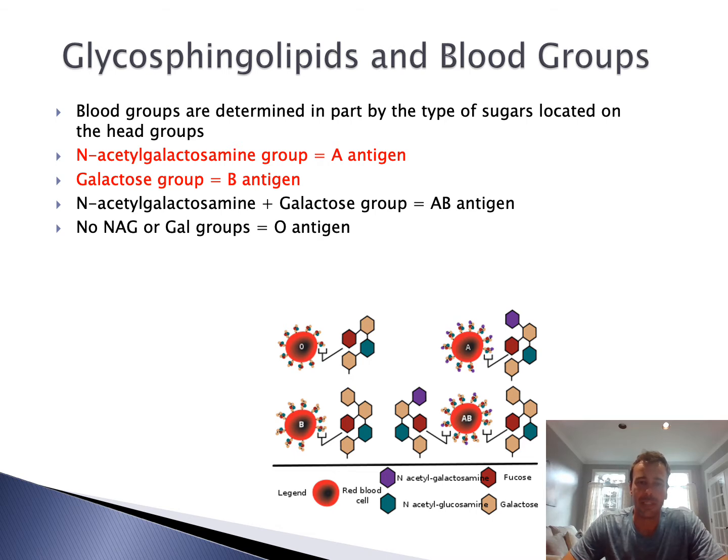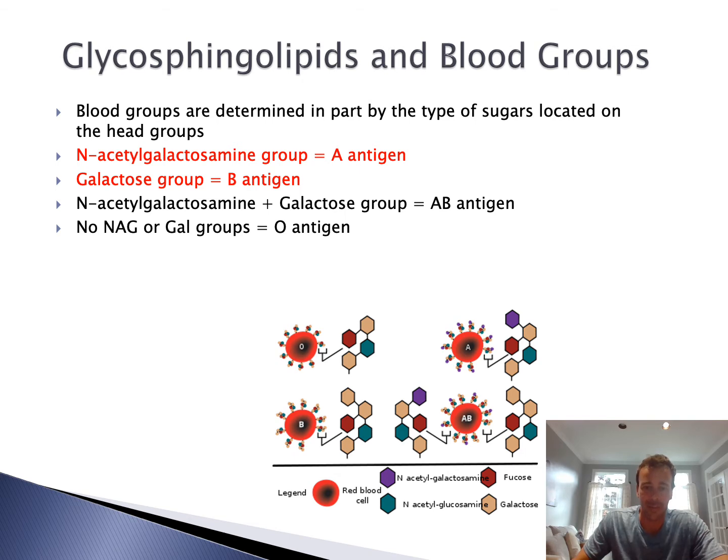As I mentioned in the past, these are important for our blood group typing. So the blood groups are determined in part by the types of sugars that are located on the head groups of these glycolipids. If you're shown our generic red blood cells with the glycolipids on the membrane here, if you have an N-acetyl-galactosamine group, shown by this purple hexagon here, then you are the A blood type, or you have the A antigen.